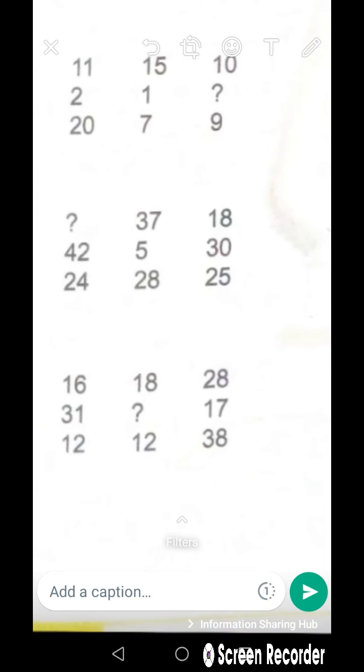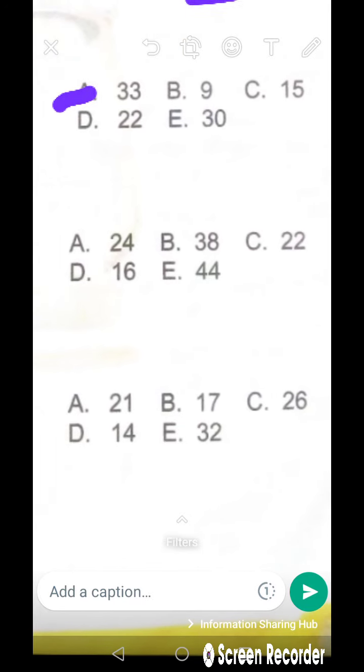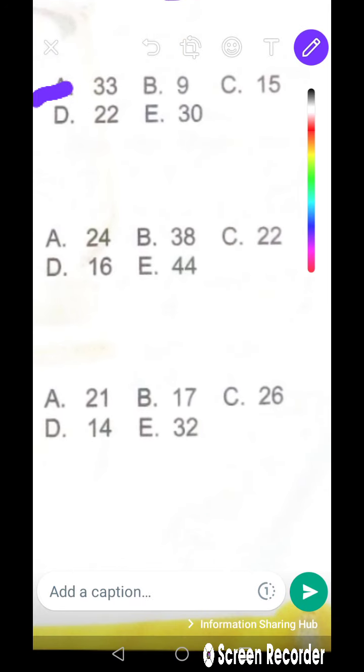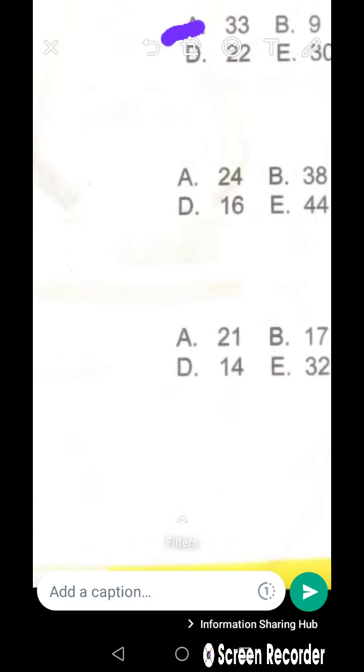Okay, do the same thing. 30 plus 42 is going to give you 72, plus 5 is going to give you 77. So the answer to this other one is 18 plus 37 plus 22. That will give us 77 as well. So our answer to this question is 22. So let's move to the next one.